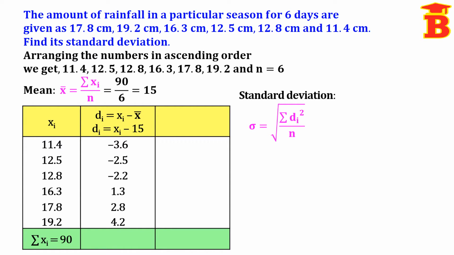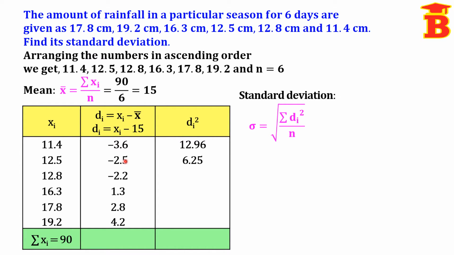Now we have to take square of these numbers. See the formula and do the steps. So in formula we have di square and then summation. So find di square and write the answer here. When we square, it will become positive. So 3.6 whole square is 12.96.